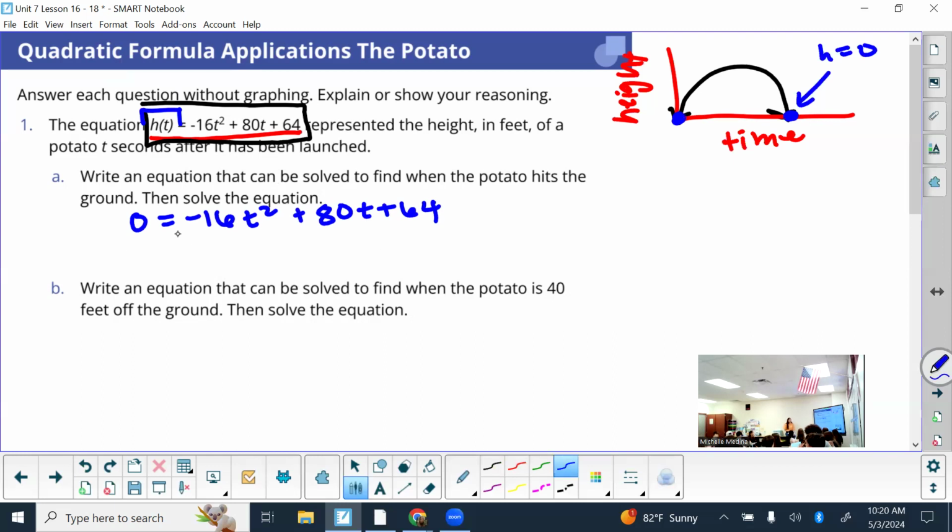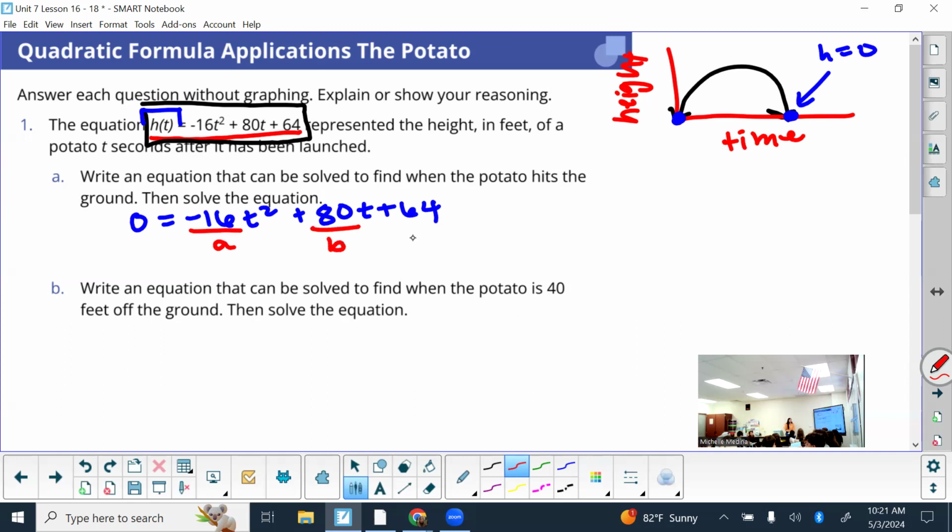Can I use the quadratic formula to solve this? Is it in the right form? It is. It is in standard form set equal to 0. I mean, the 0 is on the other side, but you should still be able to identify A, which is always in front of the x squared.